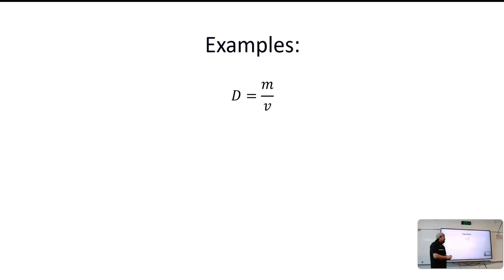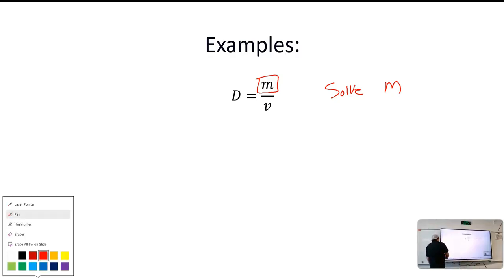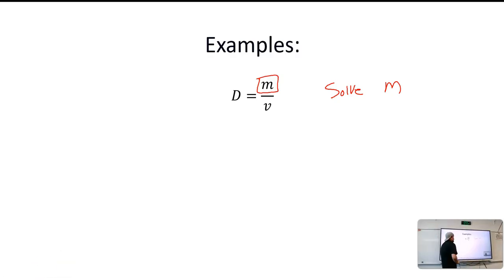Okay, d equals m over v. All right, let's solve for m. All right, so we want m to be by itself. So we need to isolate that, so we need to get rid of the v. This is m divided by v, so the inverse operation would be multiplied by v, which allows me to cancel out my v's.